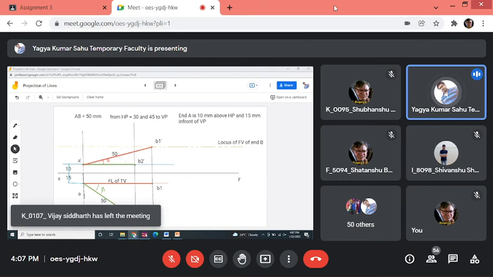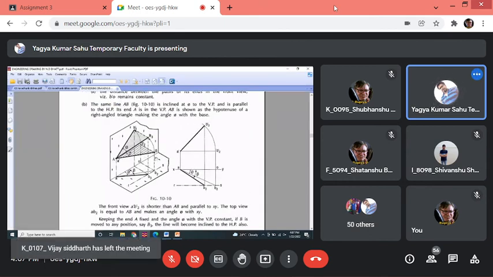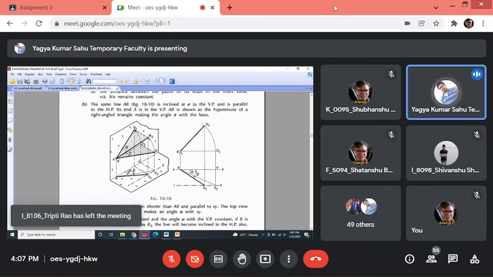See, in this figure you can see, okay, AB, we have assumed capital AB, line inclined to vertical plane only. So we are getting ab2 and a dash b2 dash. So you can see a dash b2 dash is a line parallel to XY, and small ab2 is a line of length equal to length of line and inclination phi, true length.